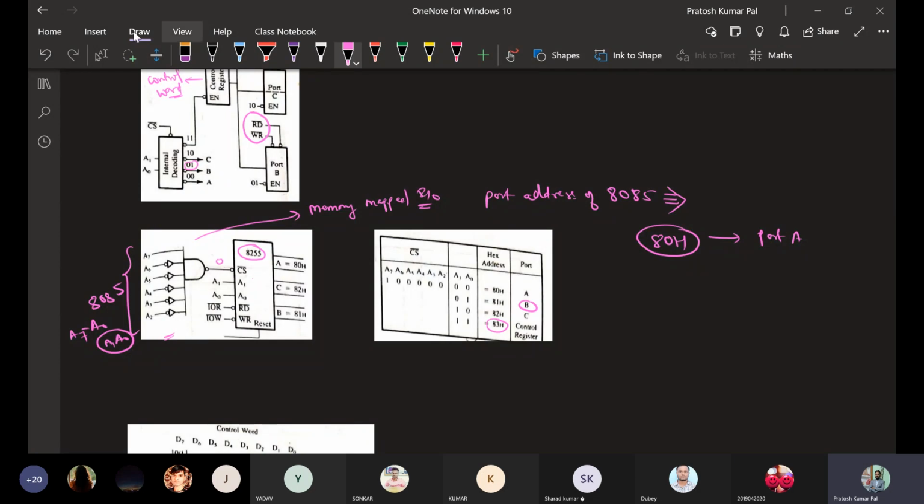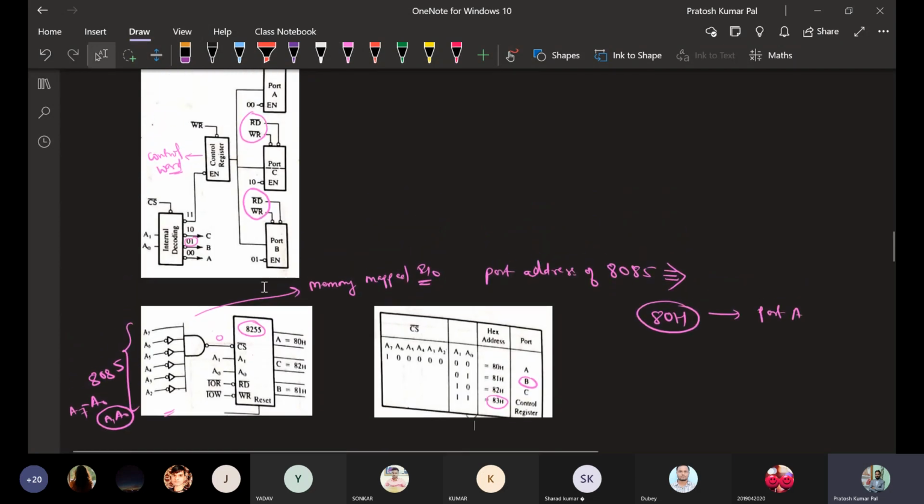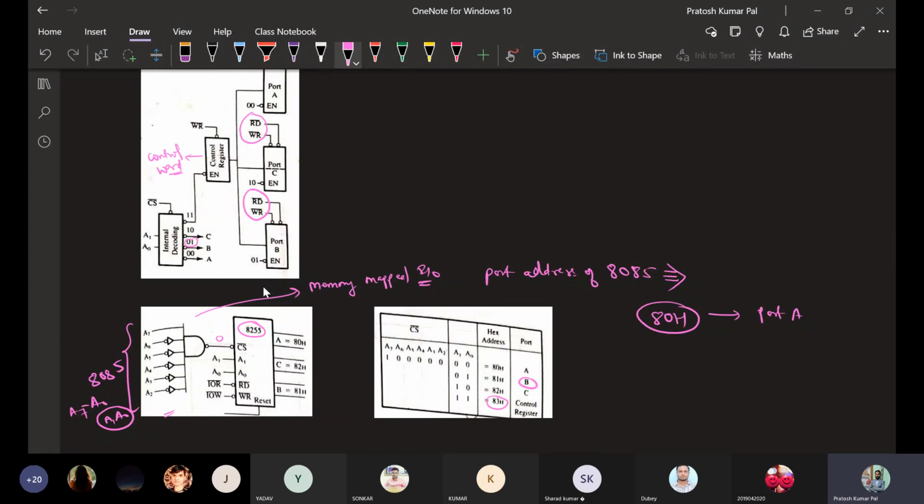One more point. The microprocessor has no need to read the content of the control register. This control register will always be storing the control word, and that control word gives instruction to 8255 to work in a particular mode, in whatever mode the microprocessor wants to operate the 8255.